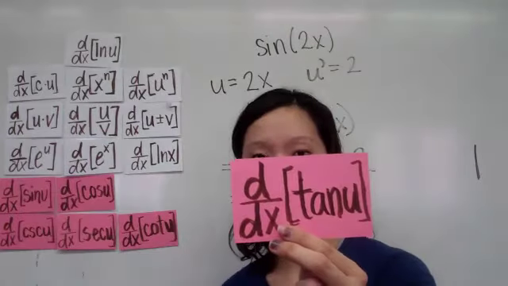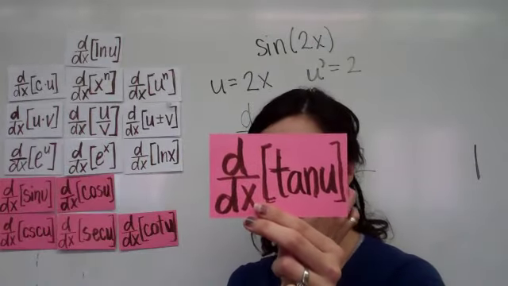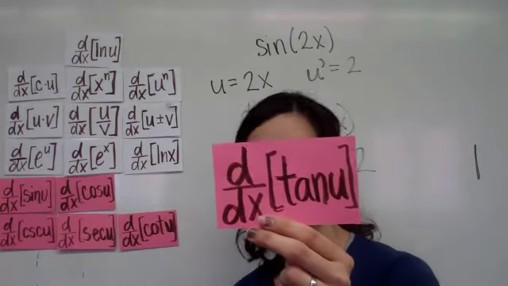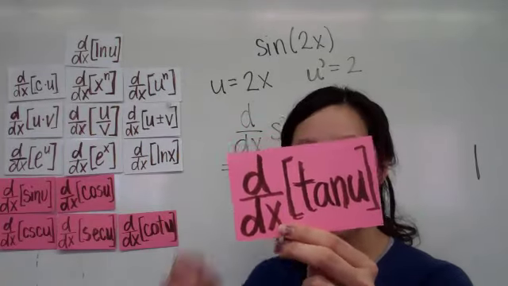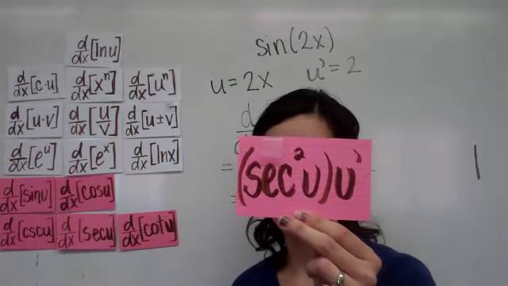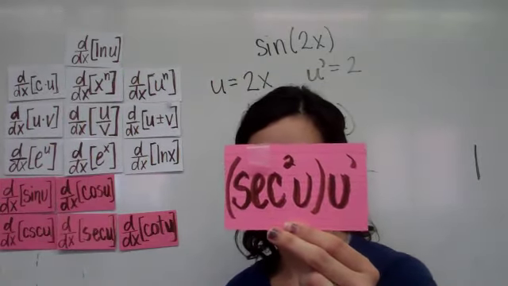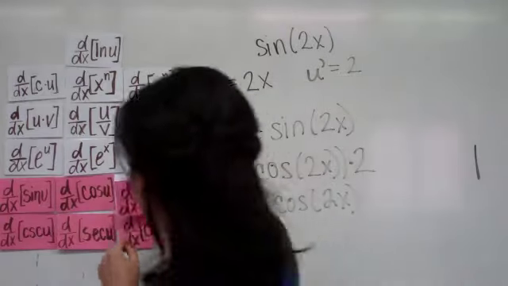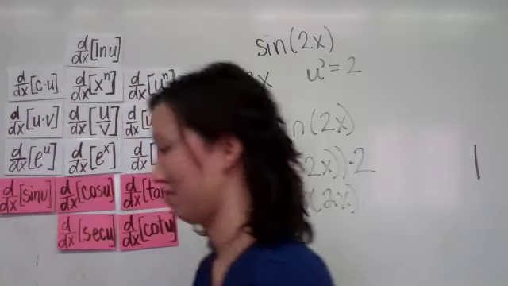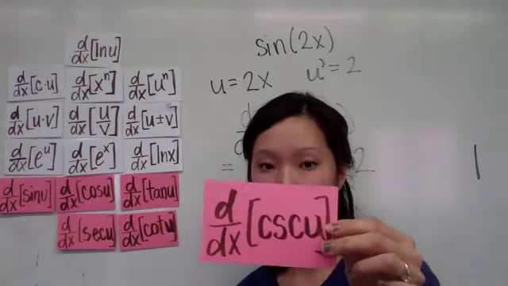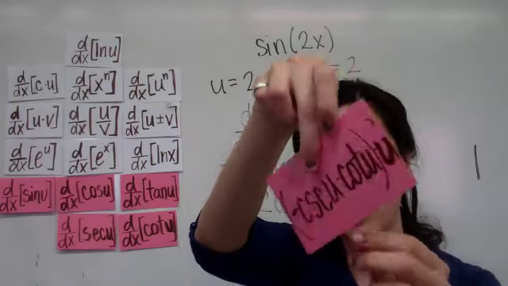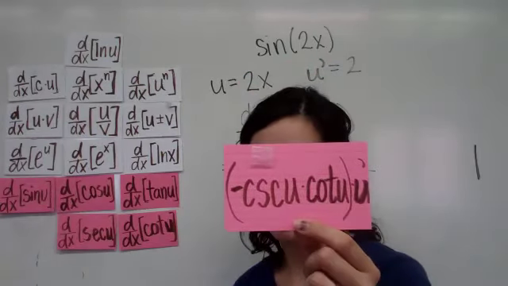If you derive tangent, remember when we were looking at the Pythagorean theorems, tangent is really related to secant in the Pythagorean theorem. It's also related to secant squared in this differentiation process. Alright, if you're deriving cosecant, they get a little bit tricky. You're going to negate cosecant and then also attach it to that cotangent.